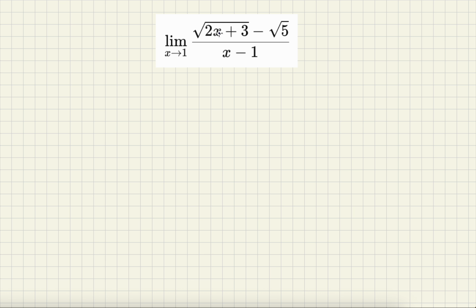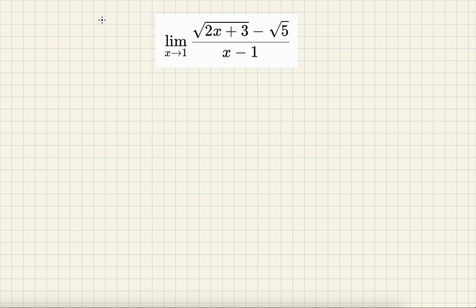So you get 1 times 2 is 2, plus 3 is 5, square root of 5 minus square root of 5 over 1 minus 1, meaning both the numerator and denominator go to 0. So we're left with the indeterminate form, 0 over 0.